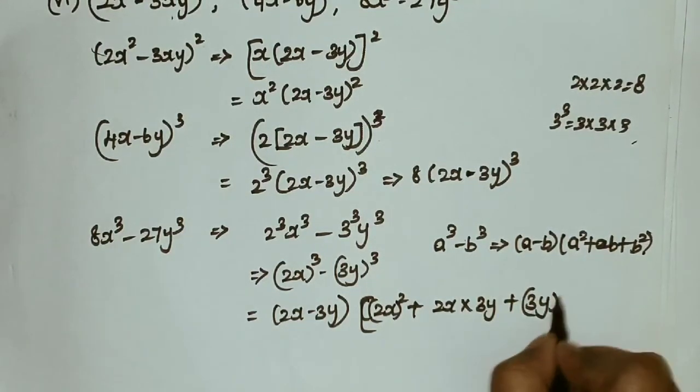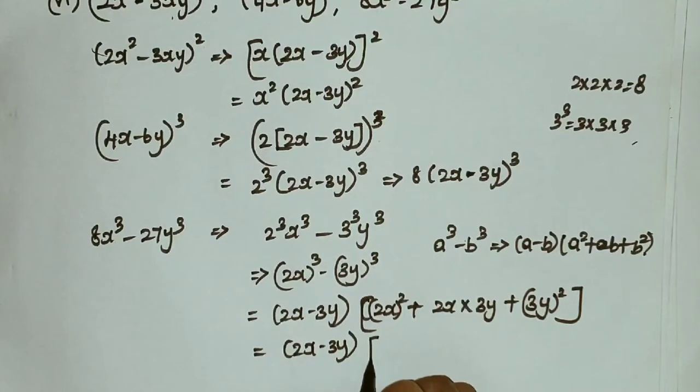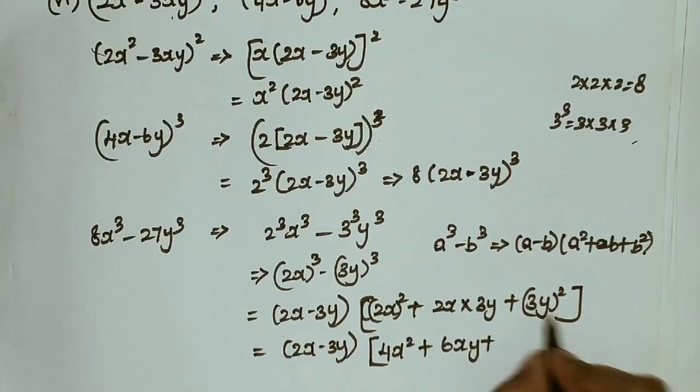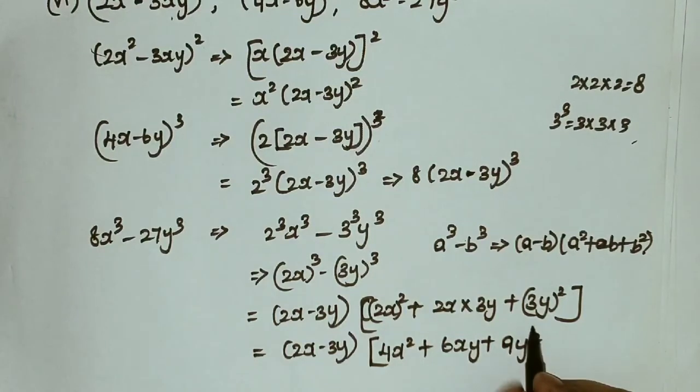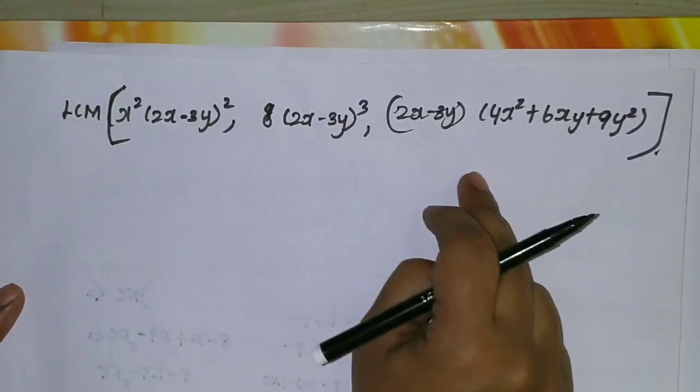That is 3y whole square. So 2x minus 3y into 2x whole square means 4x square, plus 2 3s are 6xy, plus 3y whole square means 9y square. So I have taken and written all the answers for the expressions.